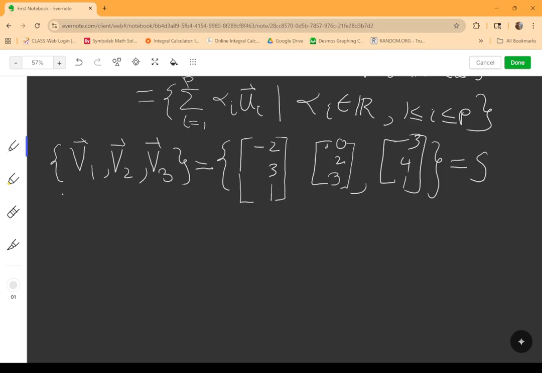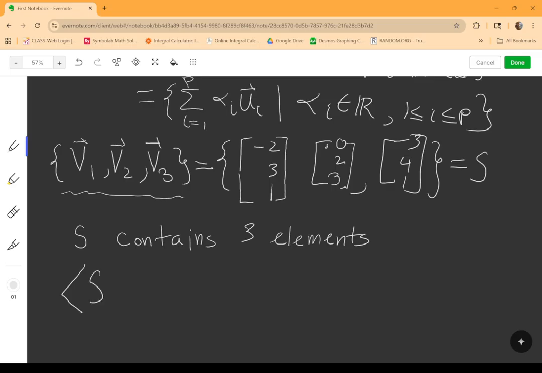So again, S contains three elements, while the span of S contains an infinite number of elements.